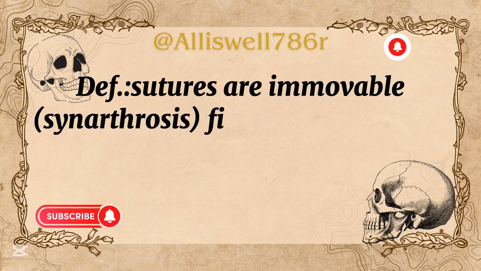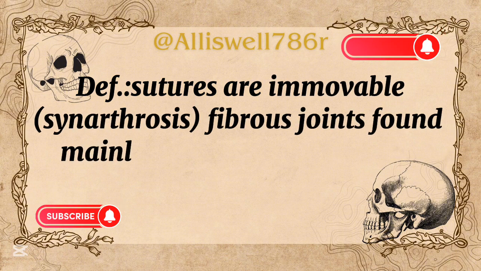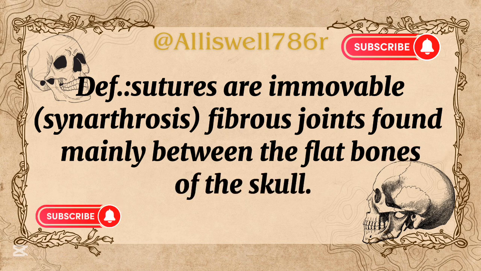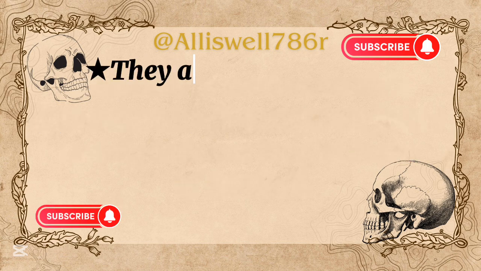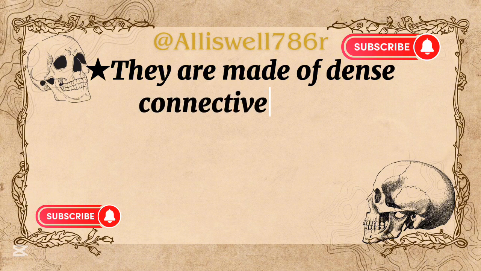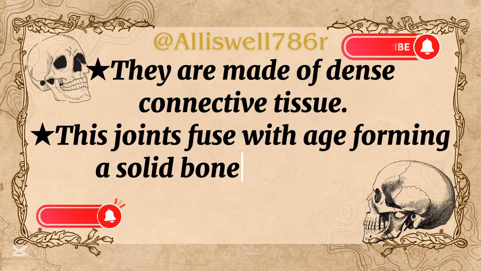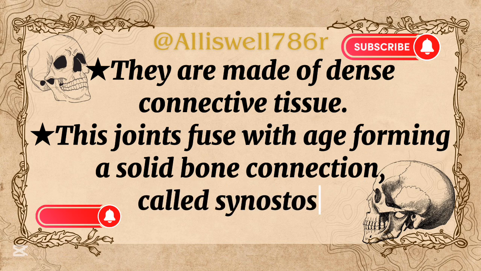Sutures are immovable fibrous joints found mainly between the flat bones of the skull. They are made of dense connective tissue. These joints fuse with age, forming a solid bone connection called synostosis.